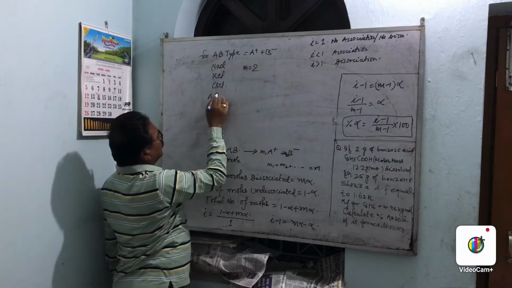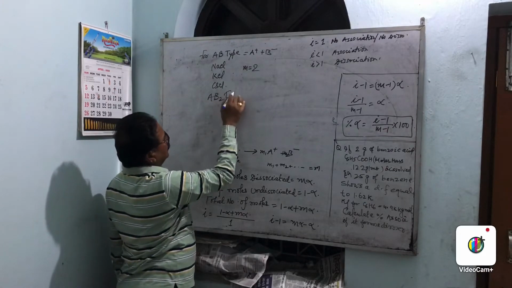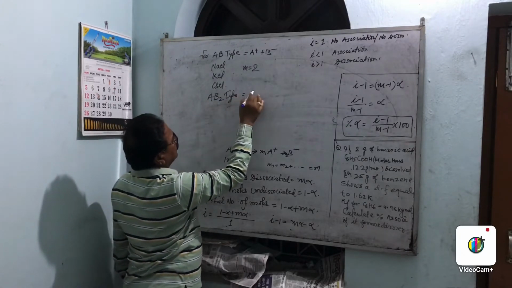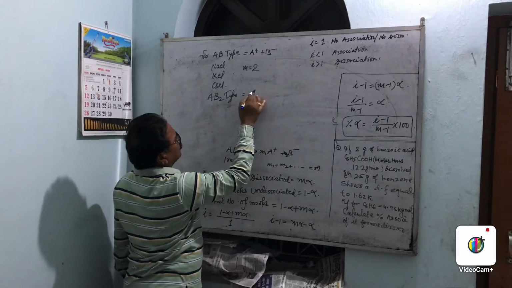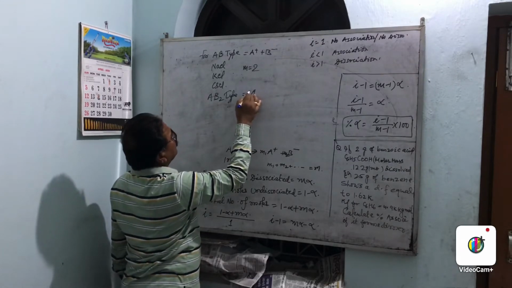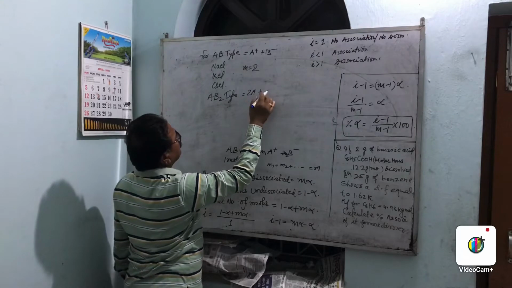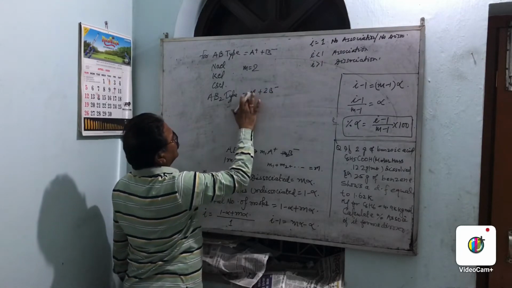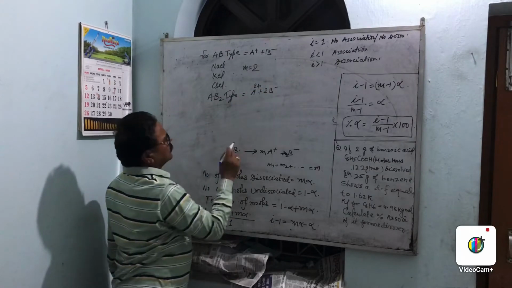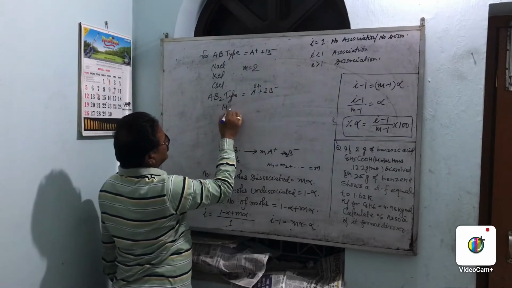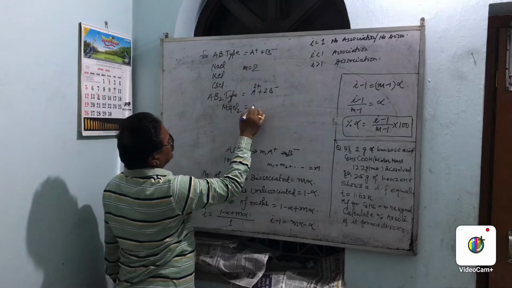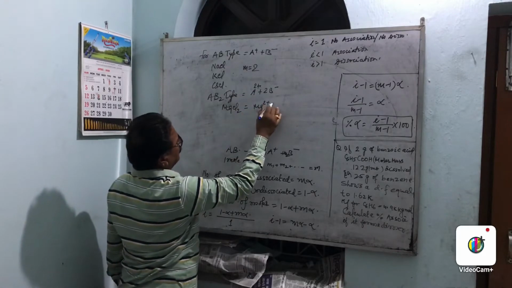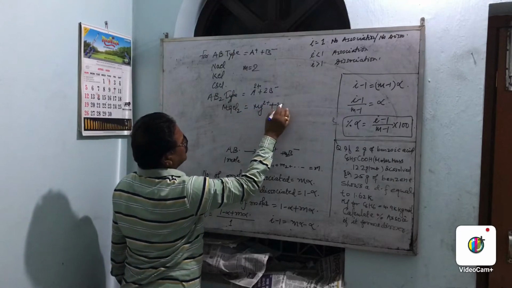For AB2 type, this is A plus 2 B minus, that is A2 plus and B minus. So this is MgCl2, we write here Mg2 plus and twice Cl minus.